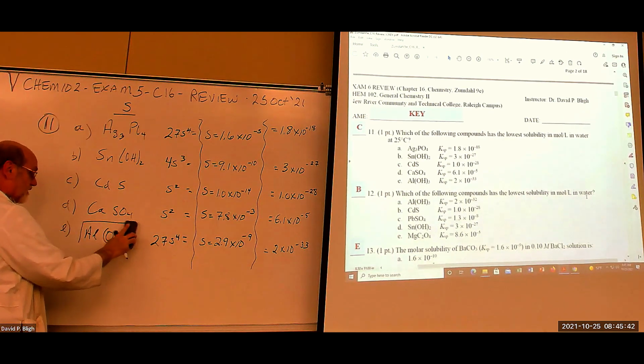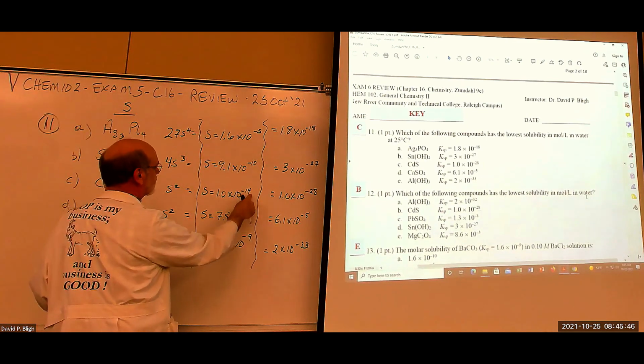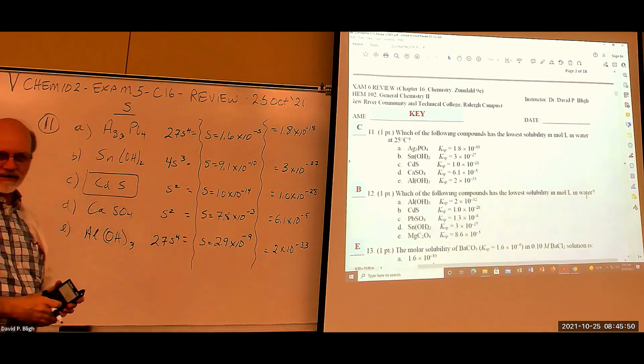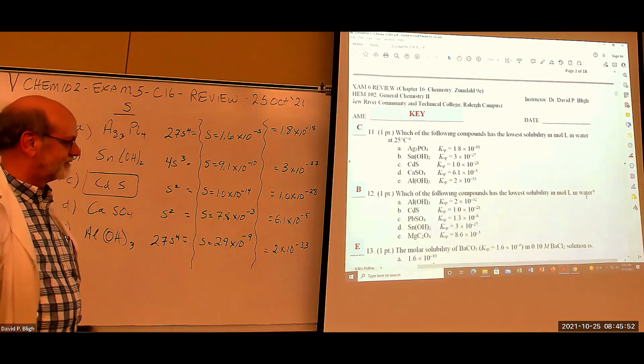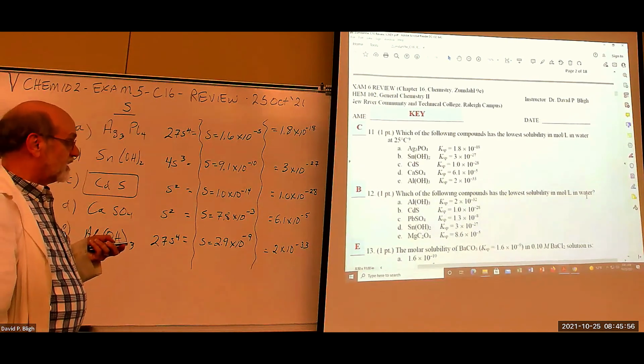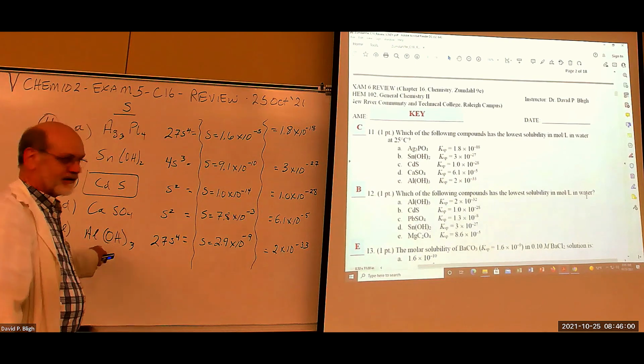This is a bad day. Line 14. That's the lowest solubility. And if we just go by these numbers, you get the wrong answer like I put up there first.